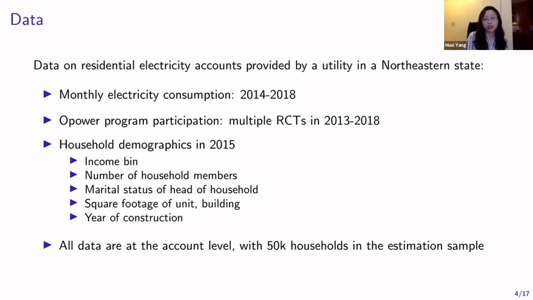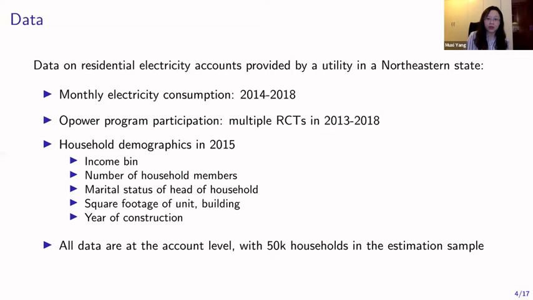In particular, we have income, number of household members, marital status of the head of the household, square footage of both the unit and the building, and finally the year of construction of the house. So we'll use the average pre-treatment consumption, the average post-treatment consumption, and household characteristics in our analysis. All the data are at the account level with about 50,000 households in the estimation sample.